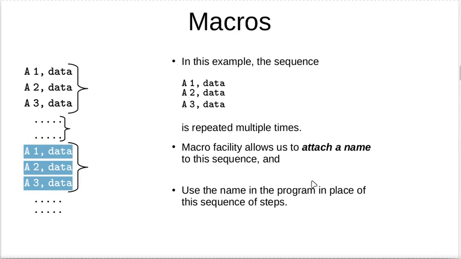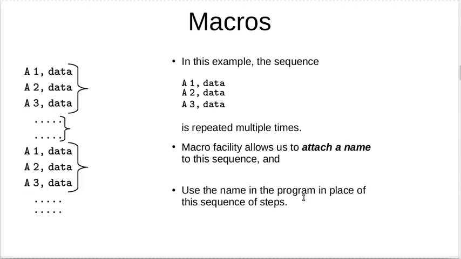We use the name in the program in place of this sequence of steps. This is how we can call macros; that is called the macro call, and we will be coming to that soon. So we define a name for a sequence of instructions and then use that name in the program wherever we want to use the same sequence. This is how, in general, macros work.